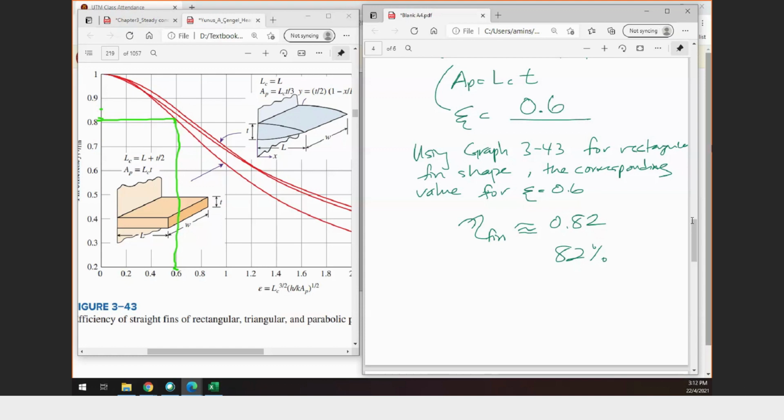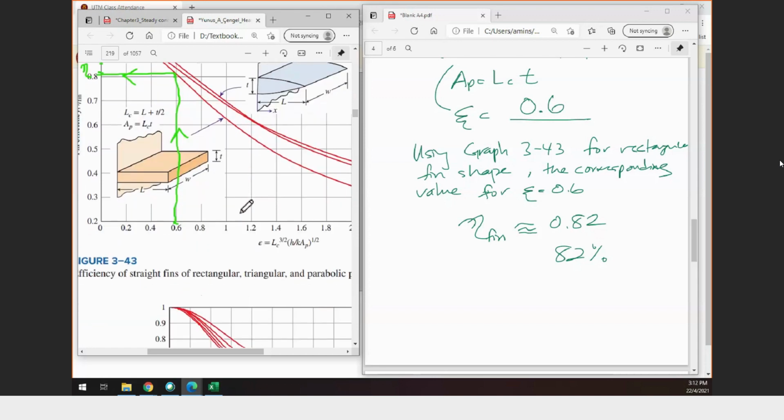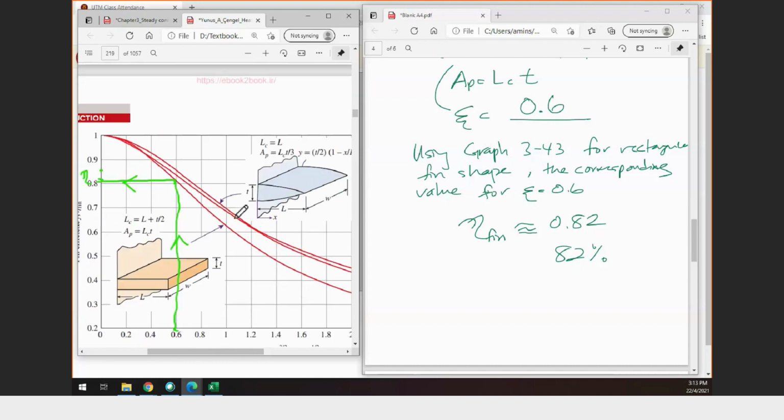Thank you, Aiman. So from this value you extrapolate, and then you can get this efficiency value. That's why, let's say they ask you to use this graph in your solution. But like I say, I don't like to use the graph because it's very crude, very approximate. So I prefer to use the table one.